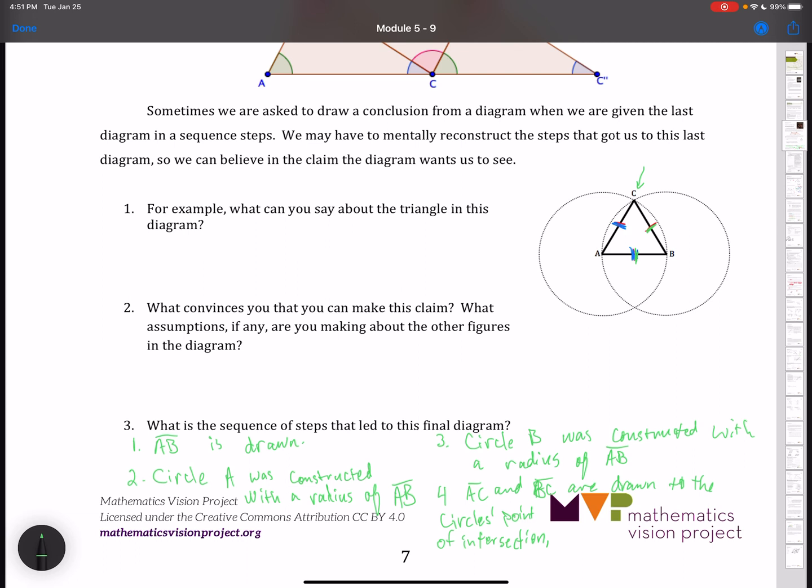So those are 4 statements of how we could have gotten to circle A and circle B, and this triangle that's drawn inside of them.